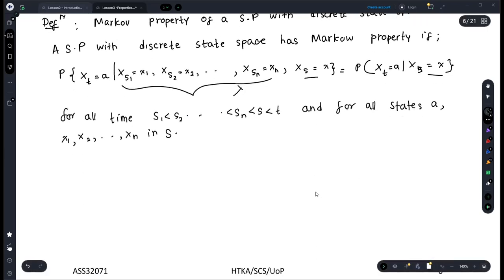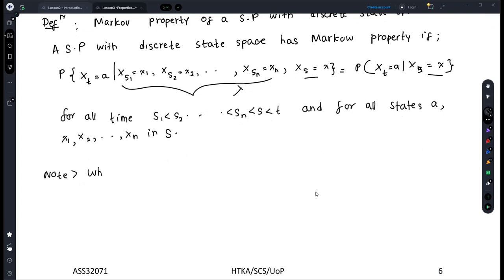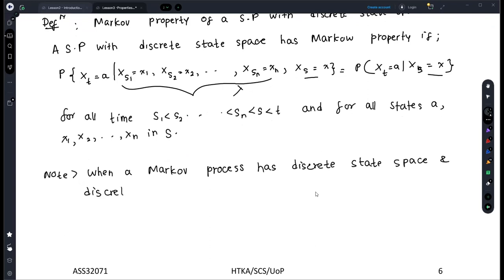So as a note, remember that when a Markov process has discrete state space and discrete time set, we call it a Markov chain.